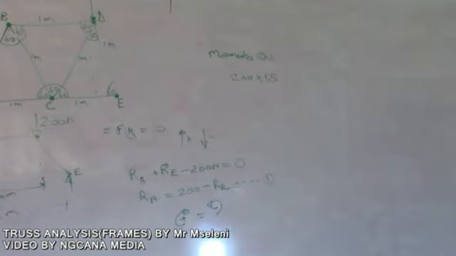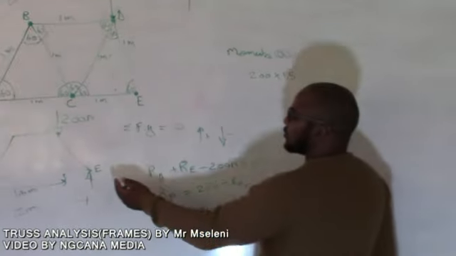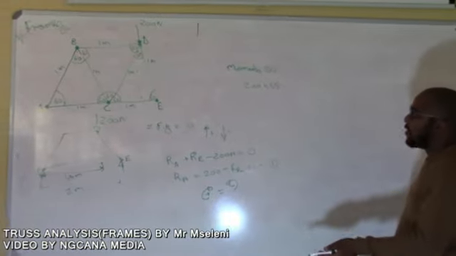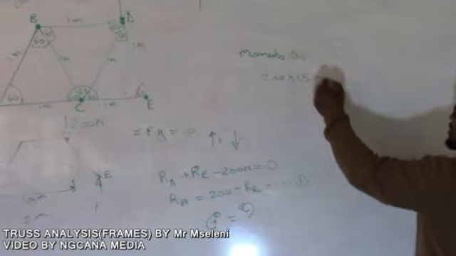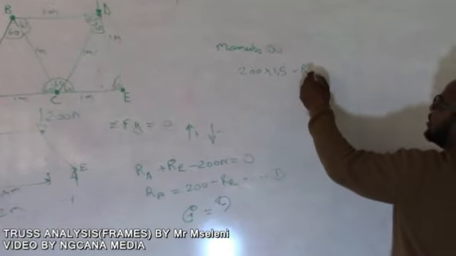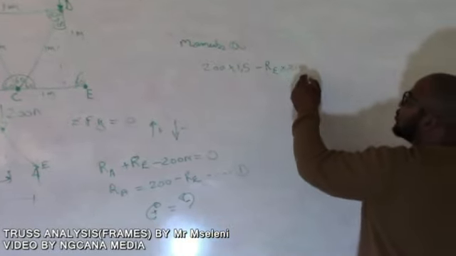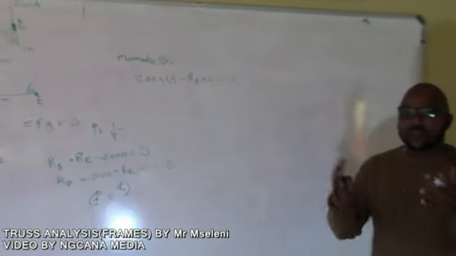And then we have our anti-clockwise moment, which is caused by reaction E. Since anti-clockwise moment is negative, we say minus reaction E times 2 equals 0, because we're doing the sum of moments.